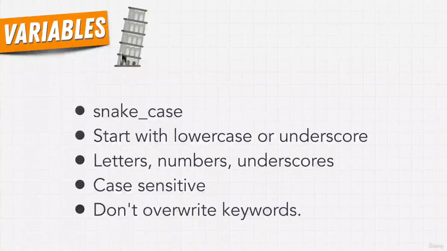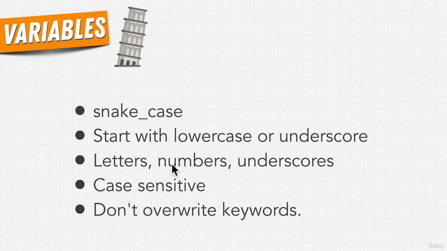Variables, and remember, this is the symbol for best practices, are what we call snake case. Snake case means it's all lowercase and then spaces, well, they don't exist. We use underscores. Variables must start with a lowercase or an underscore. Variables can be anything with letters, numbers, and underscores.